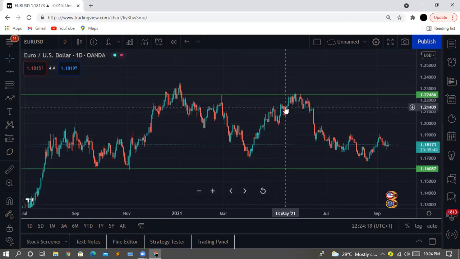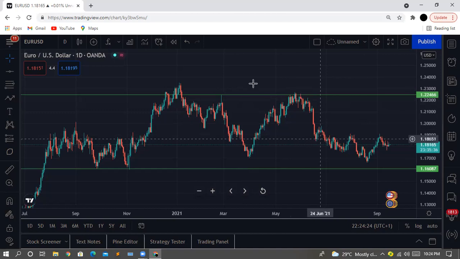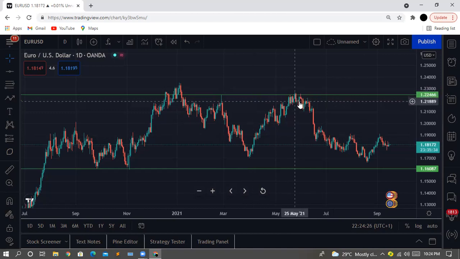Most likely when you have a support or resistance like this, you can have a lineup of candles before it falls. You would just see the candles going with no particular direction, so you can have a choppy trend around here. This is a daily time frame. When you go to a lower time frame, you can see a choppy chart here. Then you can see a bearish engulfing candle.